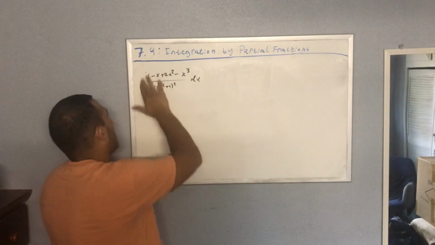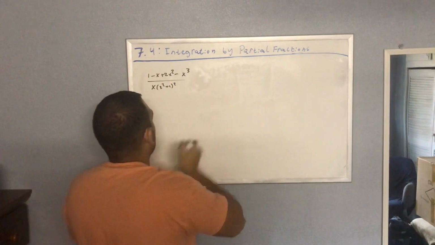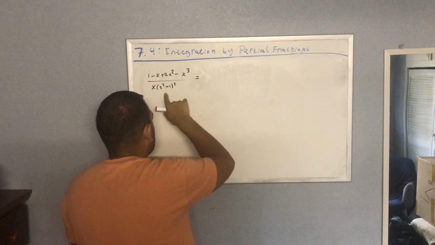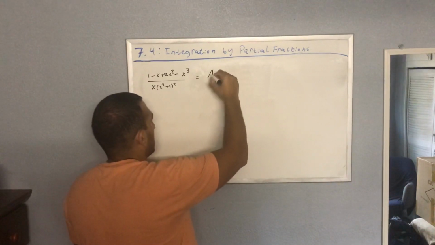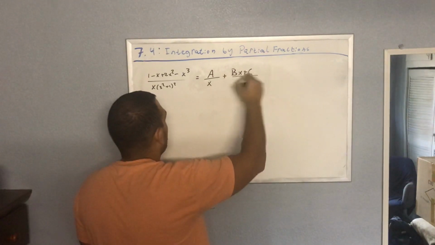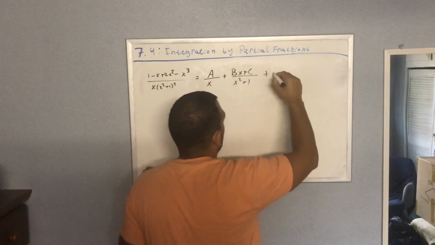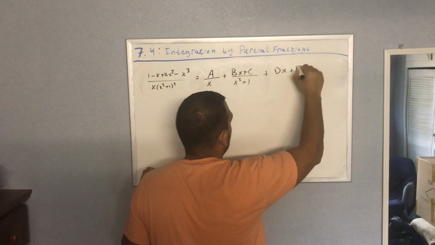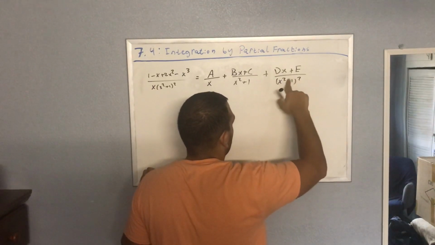So now let's just ignore this for a second and do algebra. So because we have a repeated irreducible quadratic factor, it's the same as the linear. So we'll do a over x, then a bx plus c over the original one, and now we'll do a dx plus e of the other guy squared.